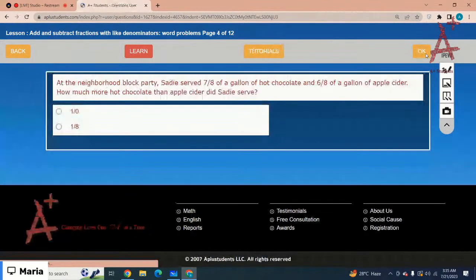Okay, the next one is, at the neighborhood block party, Sadie served 7/8 of a gallon of hot chocolate and 6/8 of a gallon of apple cider. How much more hot chocolate than apple cider did Sadie serve? So you have to see how much more. That means you have to subtract 7 over 8 minus 6 over 8.